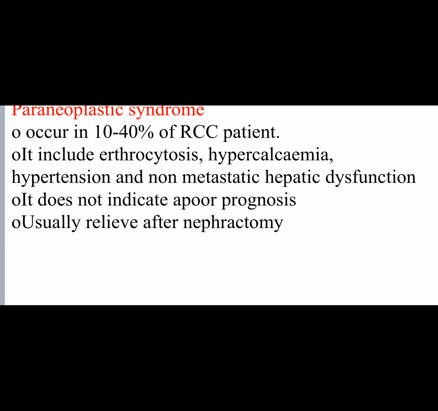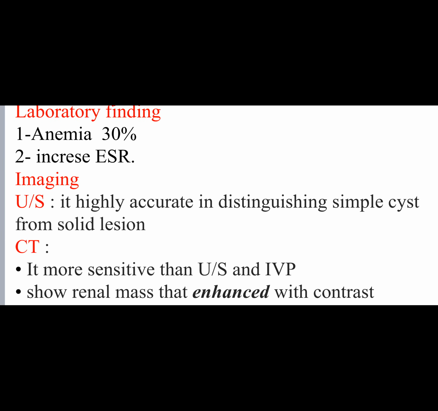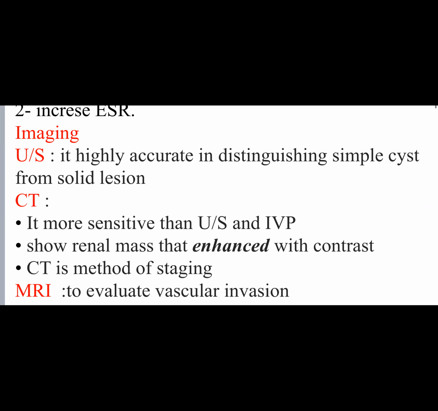Laboratory finding: 30% anemia or increased ESR. On imaging, ultrasound is highly accurate in distinguishing a simple cyst from a solid lesion. As you know, the radiologist can easily differentiate between the solid tumor and the cystic lesion.